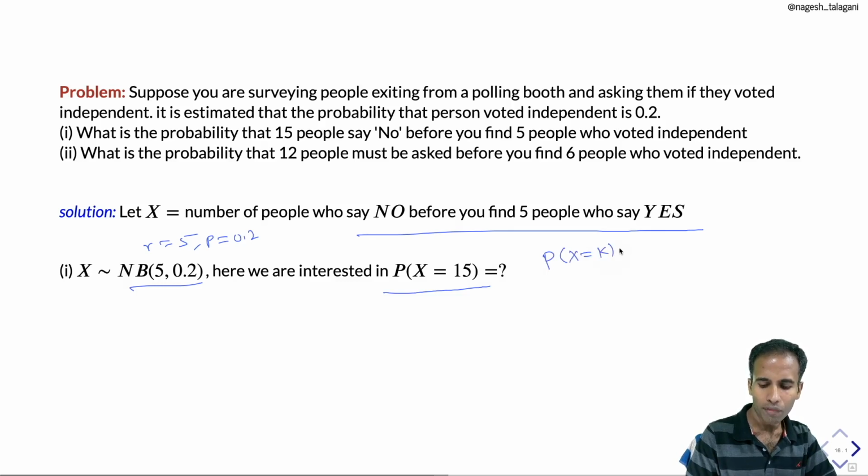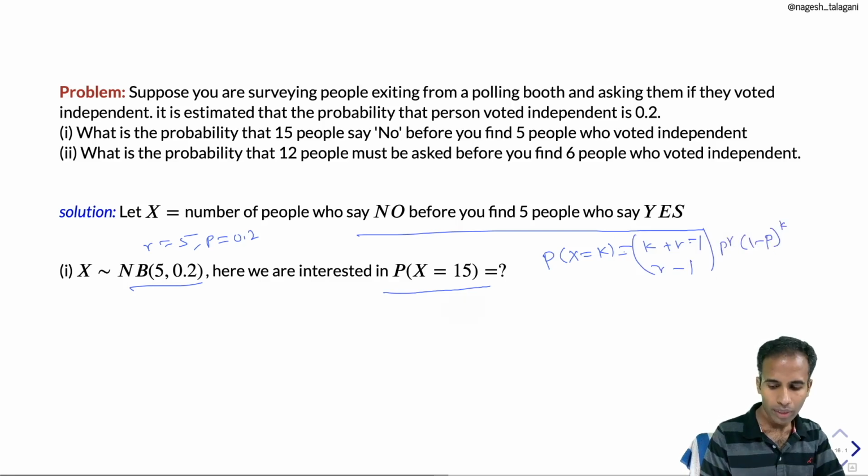The probability of X equal to k is C(k + r - 1, r - 1) p^r (1 - p)^k. Here r equal to 5, p equal to 0.2 and k equal to 15.